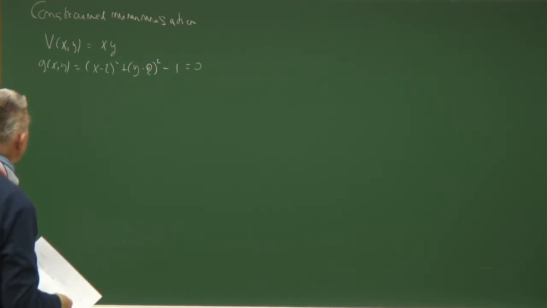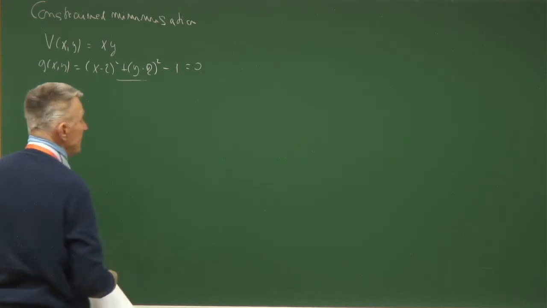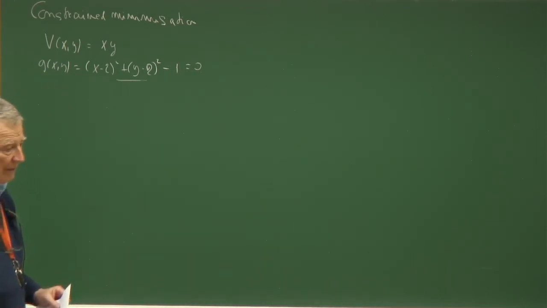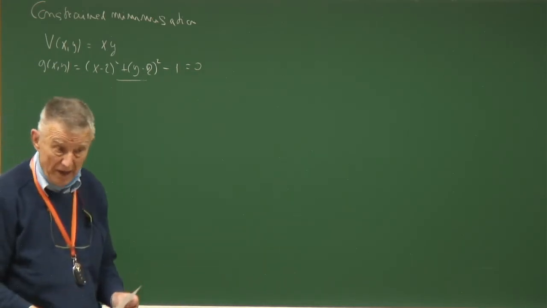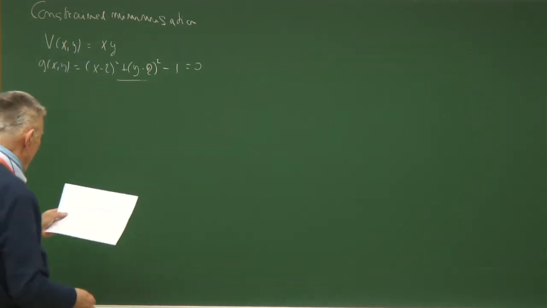And the first observation was this is a circle, so it is compact, and the minimum and the maximum is taken. The function is continuous, so it's trivial.